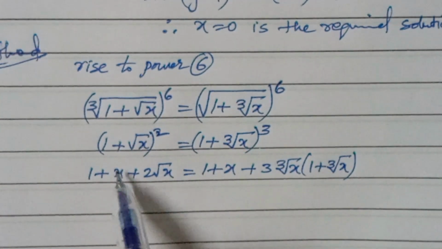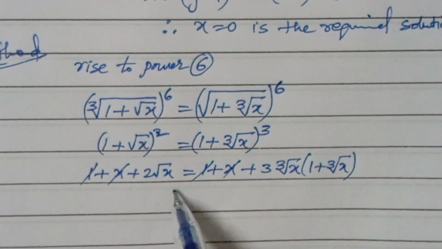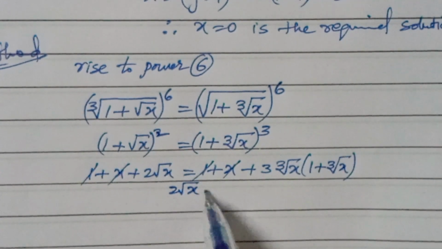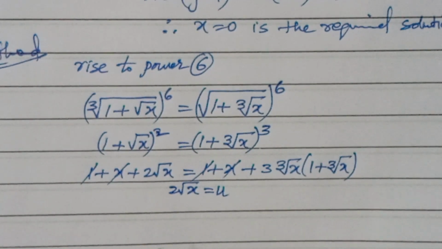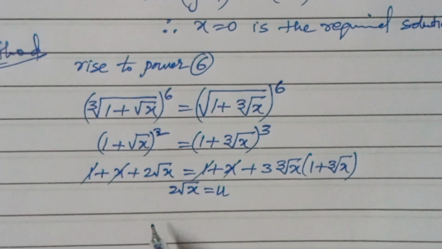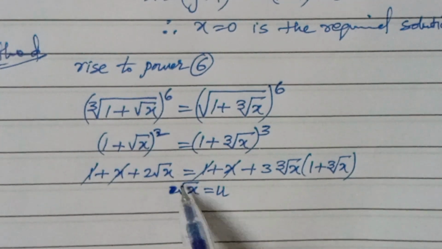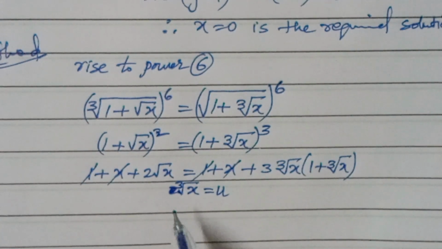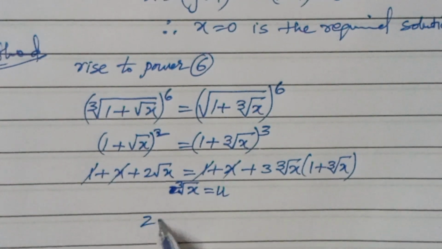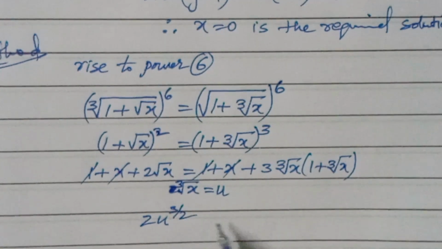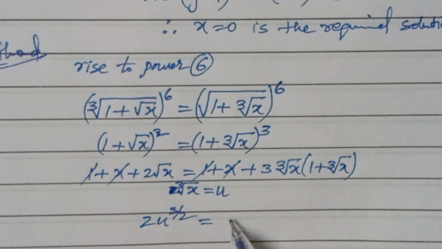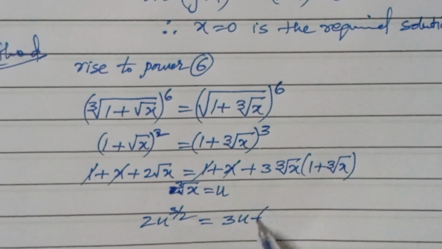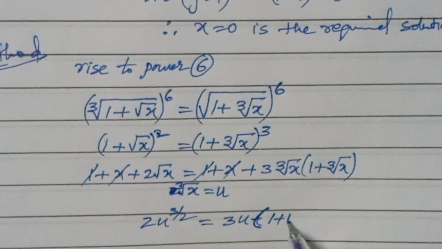Let us cancel these two. Let us take cube root of x as u. So here we'll get 2u power 3 by 2 is equal to 3u into 1 plus u.